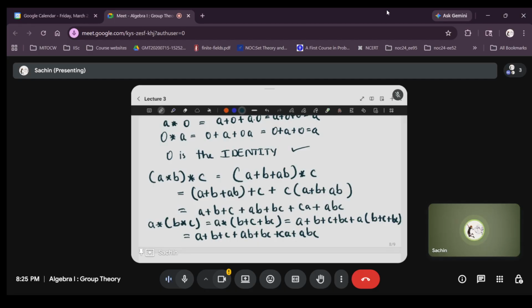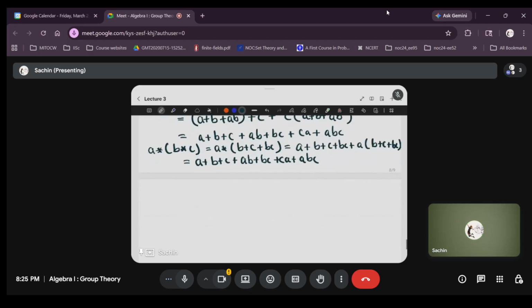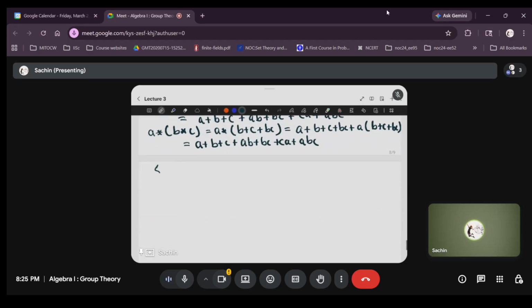Only thing we have to check now is the inverse. So suppose A is an integer, A belongs to Z, and B is the inverse of A. B also must be an integer.